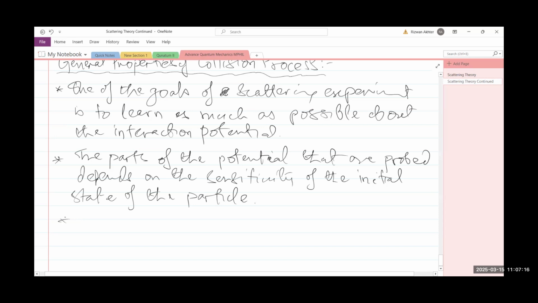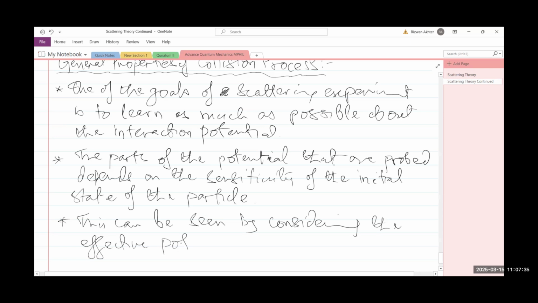So this can be seen by considering the effective potential for the collision.